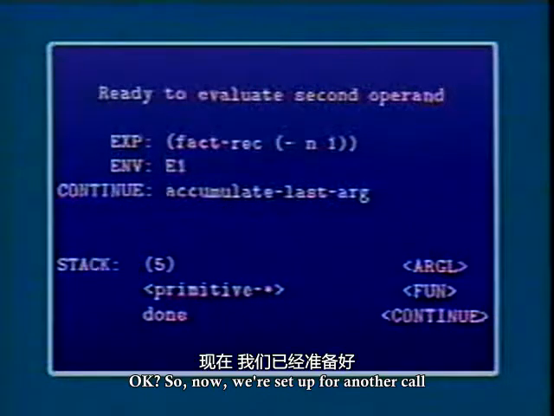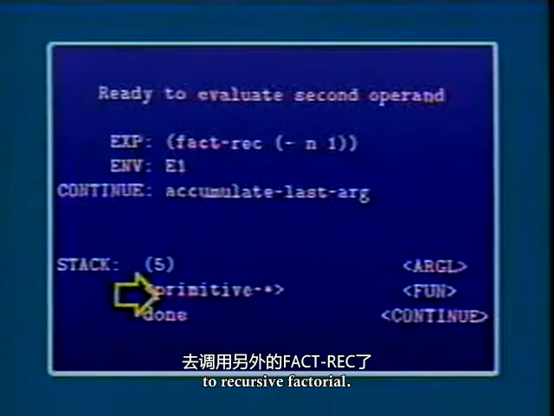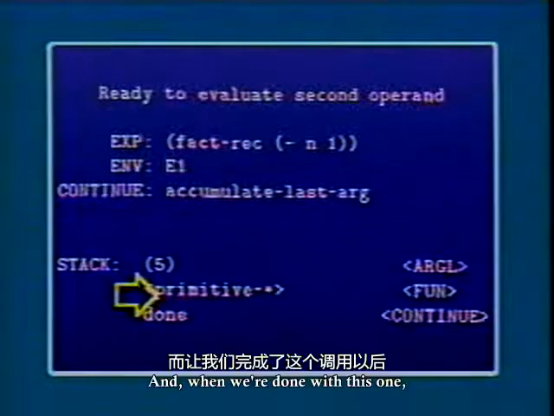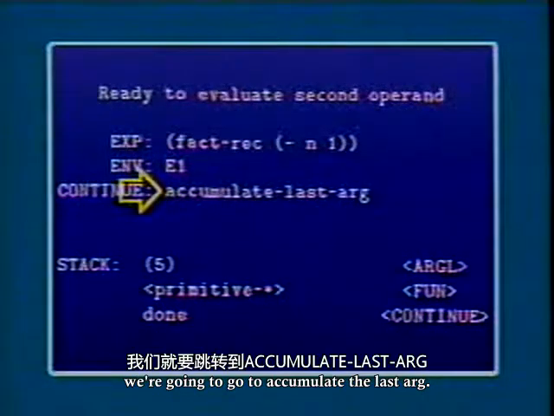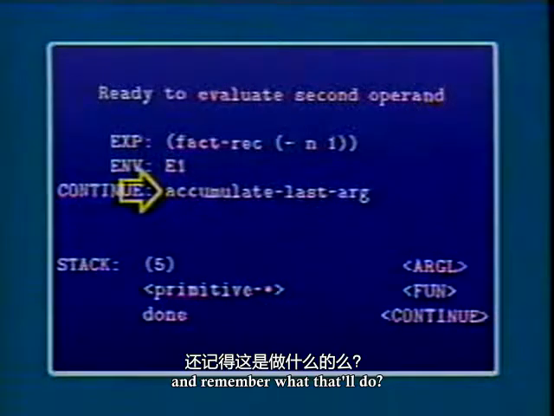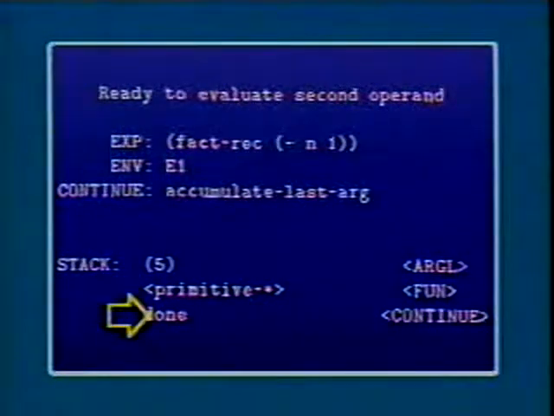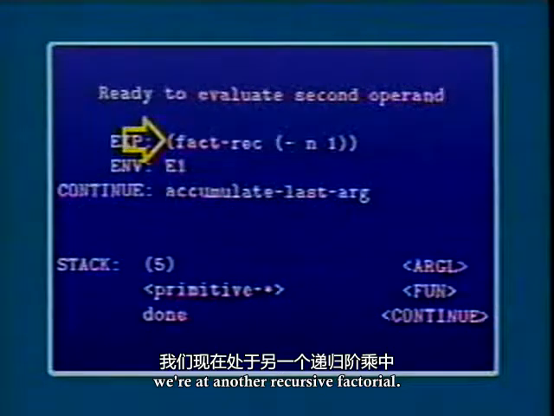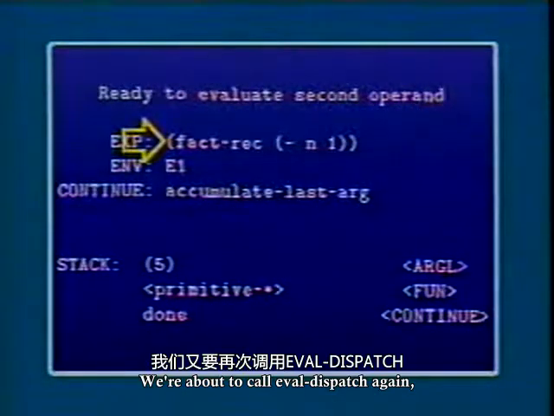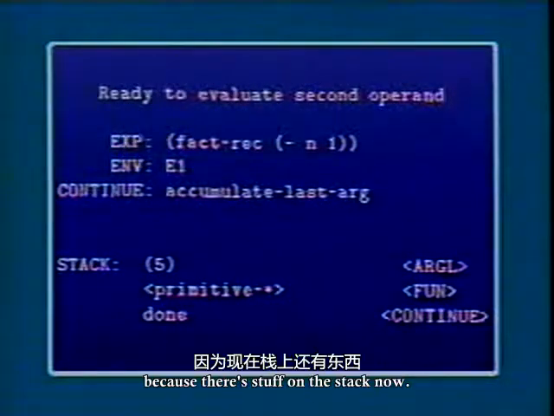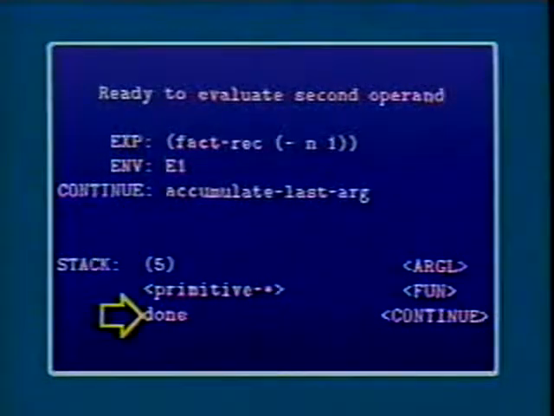Okay, so now we're set up for another call to recursive factorial. And when we're done with this one, we're going to go to accumulate the last arg. And remember what that'll do. It'll say, whatever the result of this has to get combined with that, and we're going to multiply them. But notice now, we're at another recursive factorial. We're about to call eval dispatch again, except we haven't really reduced it because there's stuff on the stack now.